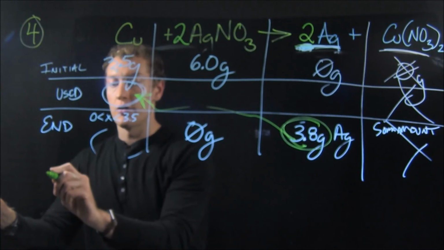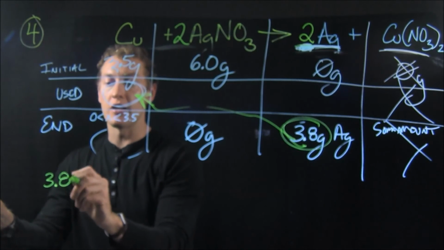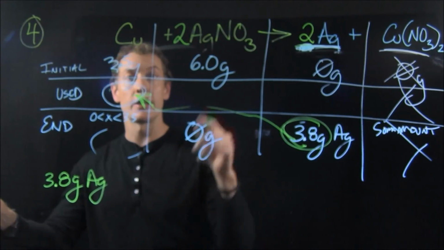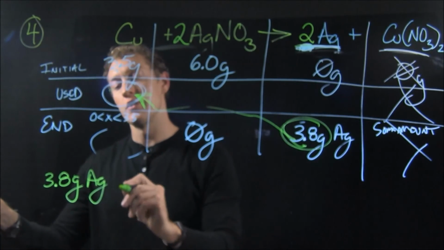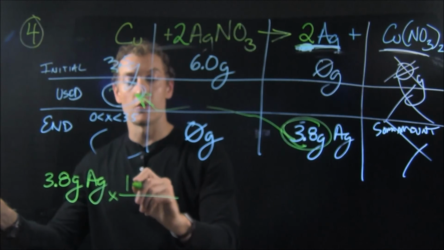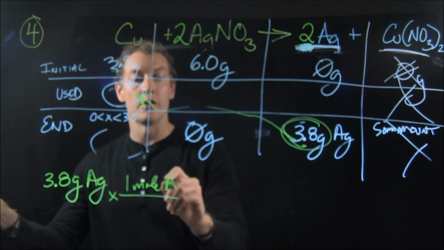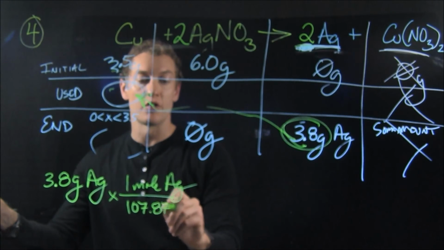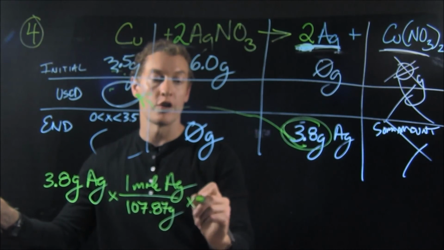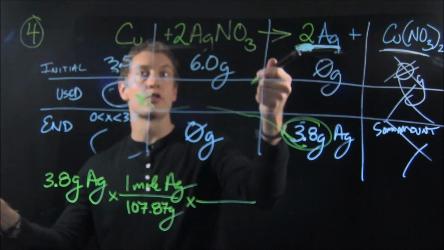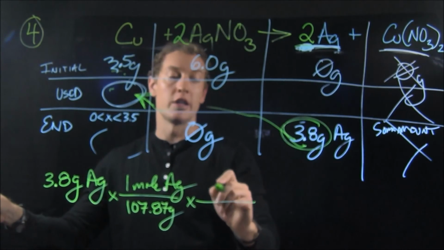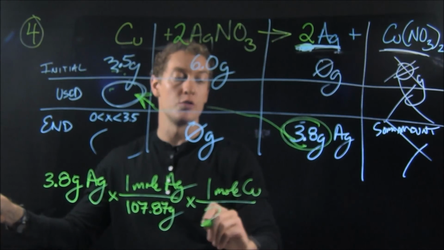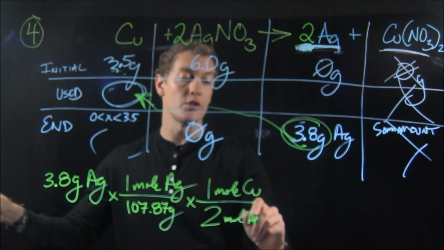We're going to take 3.8 grams of silver. First, we got to convert that to moles of silver. So times 1 mole of silver for every 107.87 grams. Then we're going to go from silver to copper. So it is 1 mole of copper for every 2 moles of silver.